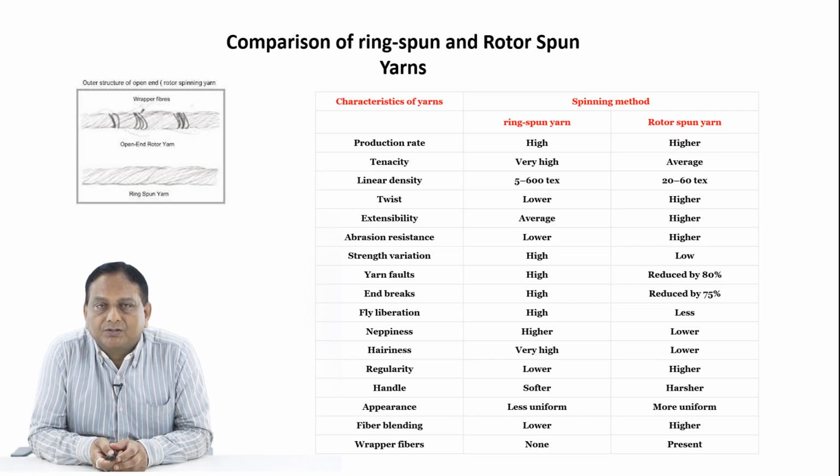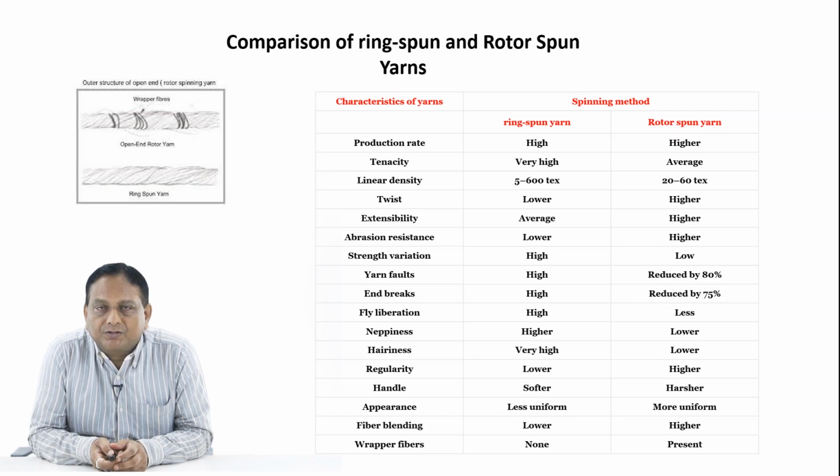Now strength variation, if you compare: high strength variation in ring spun but lower in rotor spun yarn. Yarn faults also are quite high in the case of ring spun yarn, but reduced in the case of rotor spun yarn. End breaks are also high in ring spun, and in rotor spun they are a little less than ring spun yarn.